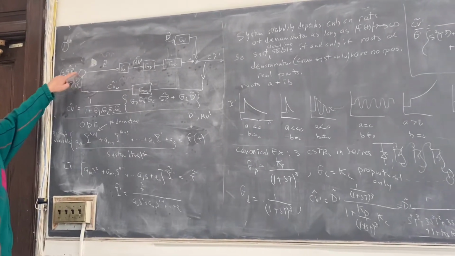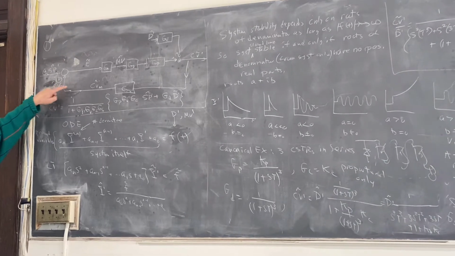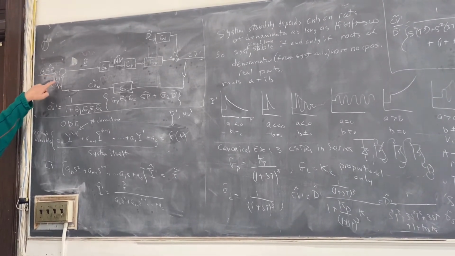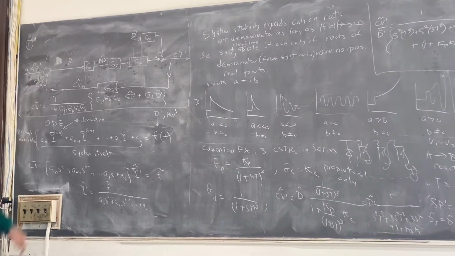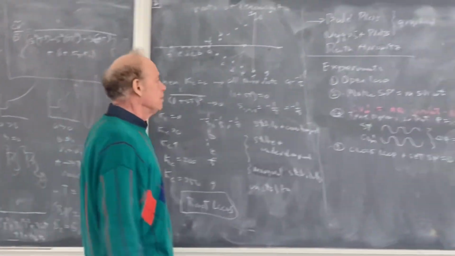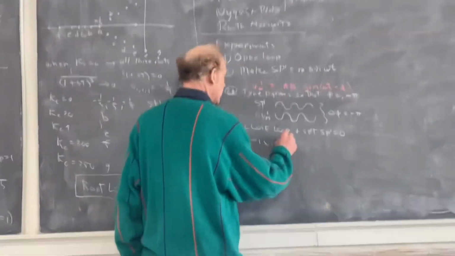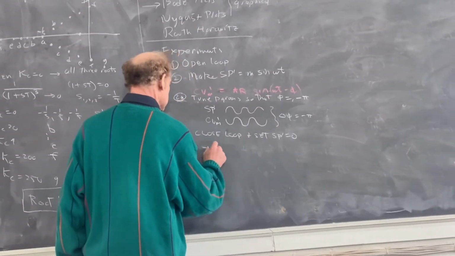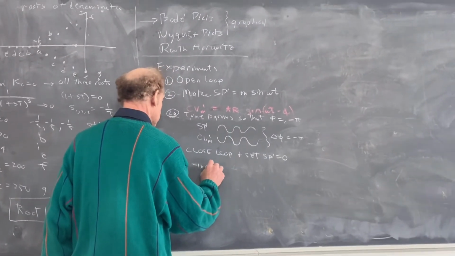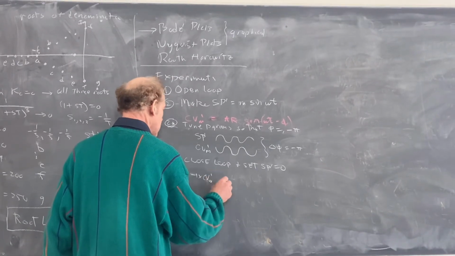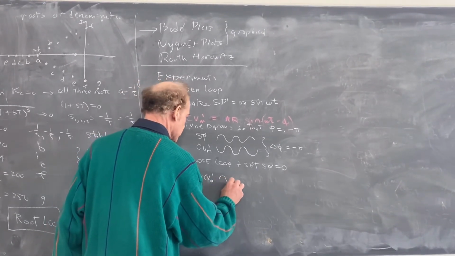Whatever I had here is now multiplied by -1. So -1 times CVM prime now becomes the sine function again.